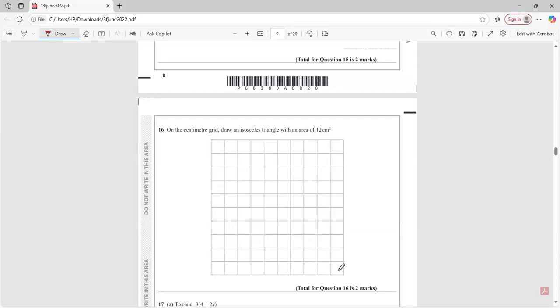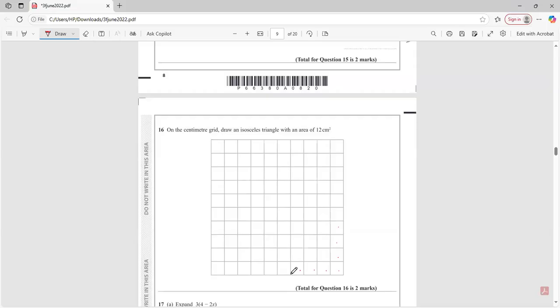So here we go. 1, 2, 3, 4. Let's do this. 5, 6, 7. Now, if I do this, so this is what I want to now do.